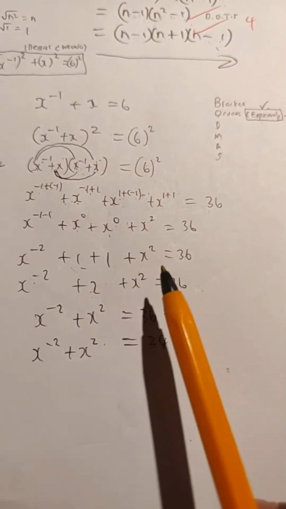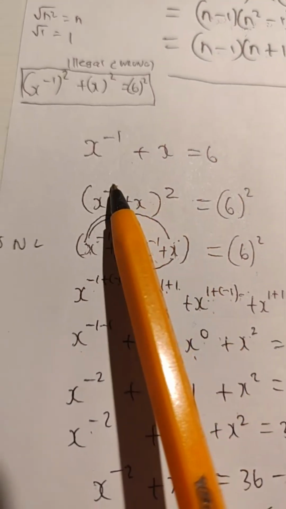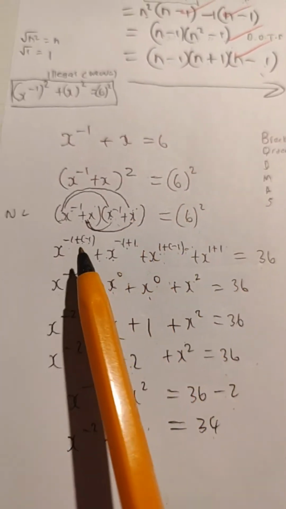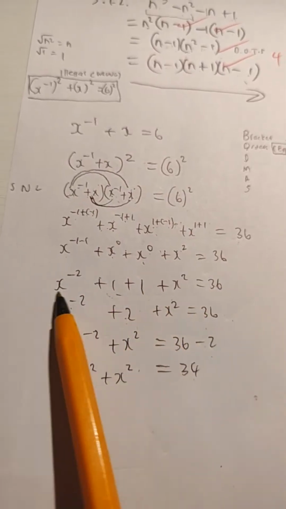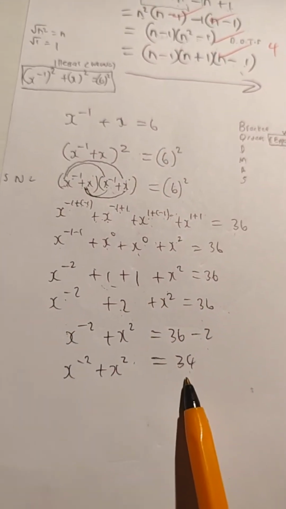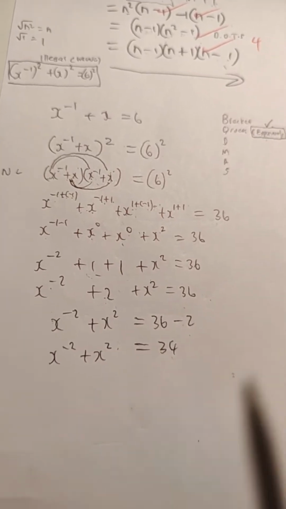Okay, we have just successfully squared the left and the right, and I've shown you step by step how I was able to get here: x to the power negative 2 plus x squared is equal to 34.